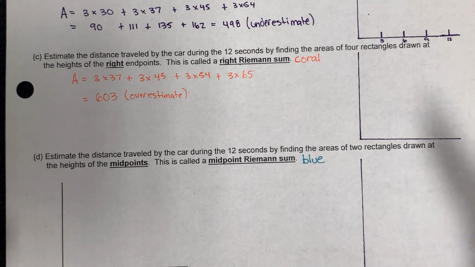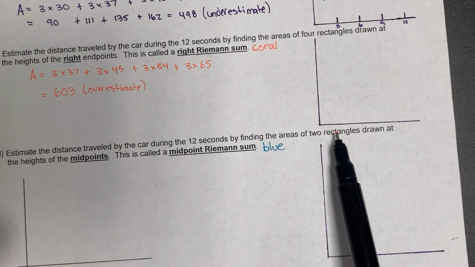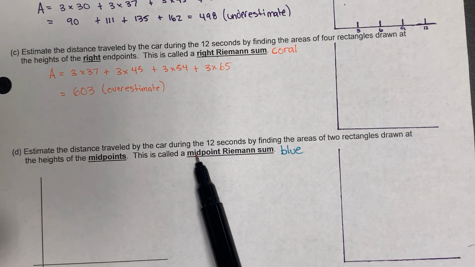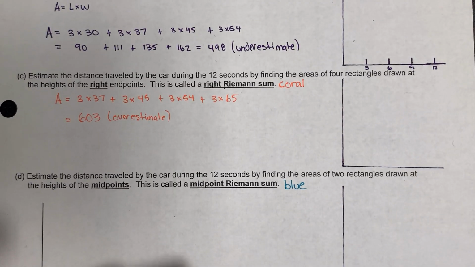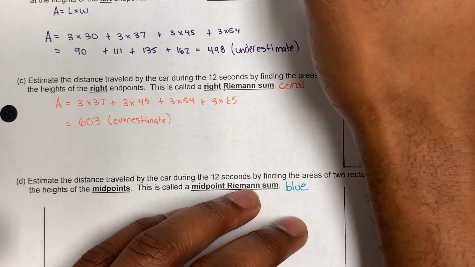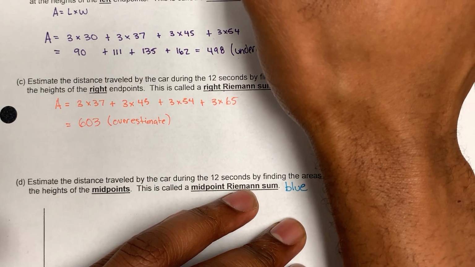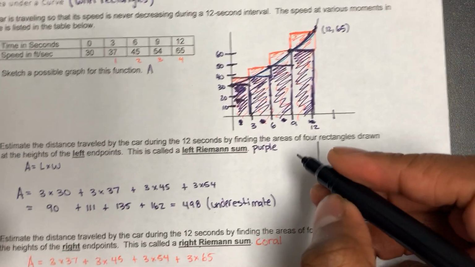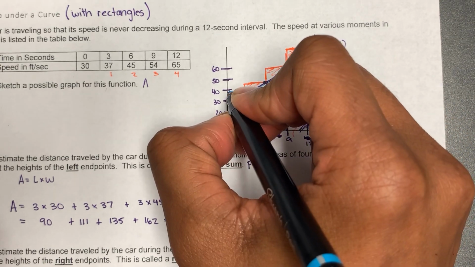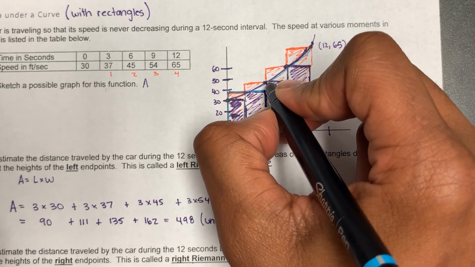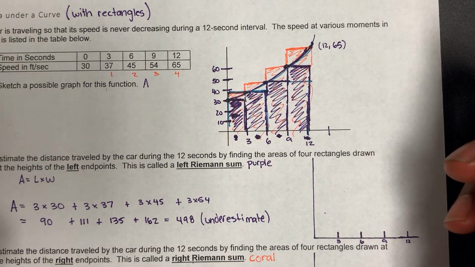For part D, we're to use two rectangles drawn at the heights of the midpoints, and this is called a midpoint Riemann sum. So if we have two rectangles, we'd have one rectangle here and a second rectangle drawn here.